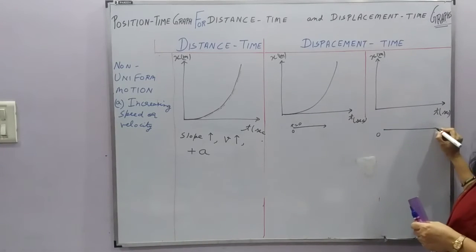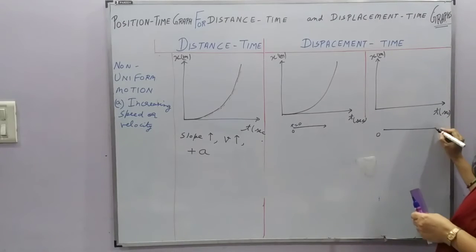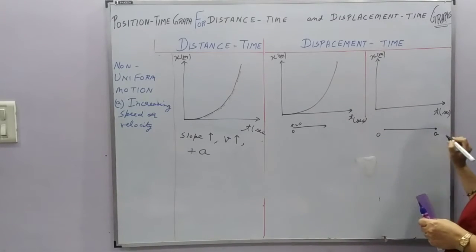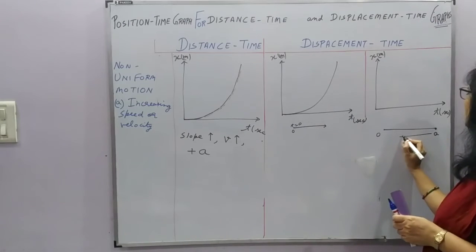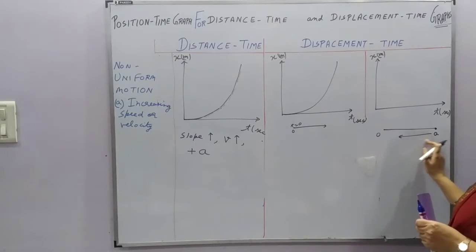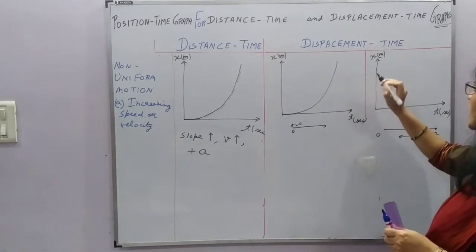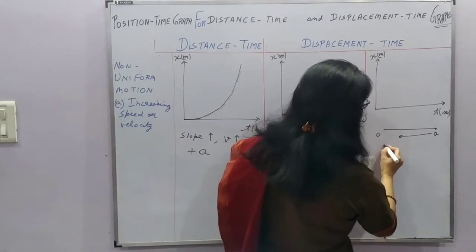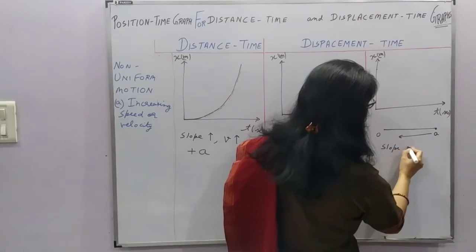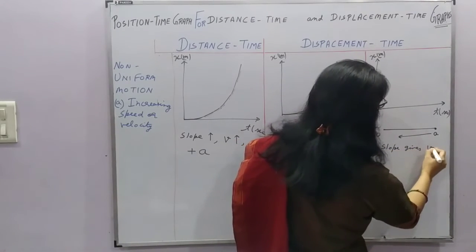Now suppose this is at point A and this is moving along O with increasing velocity. So what would be the shape of the graph? We know that the slope gives velocity.